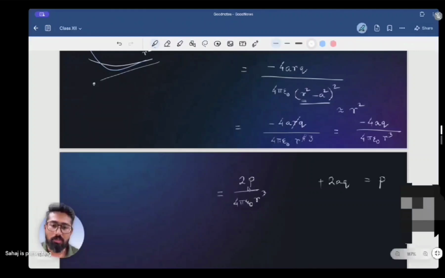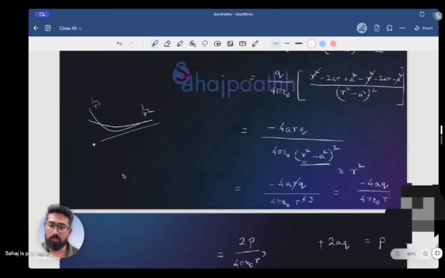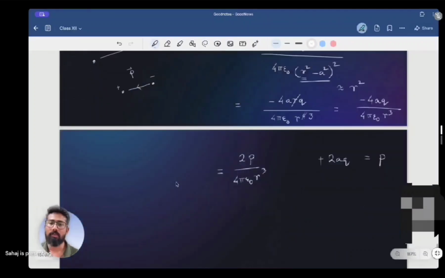And this p here is actually given a vector property. So the p is from the negative one to the positive one. So negative, positive, this is your direction of the p vector. And so you can actually put the vector here, and this will give you your electric field as a vector.